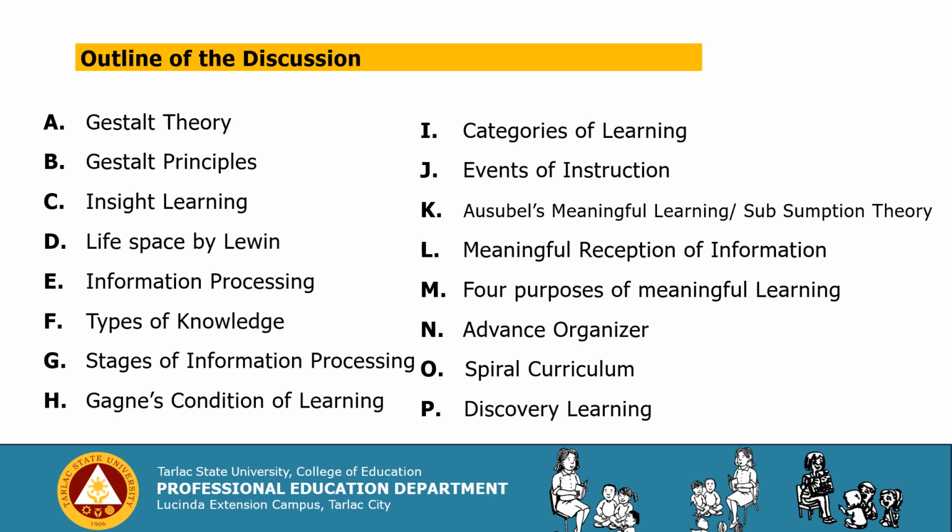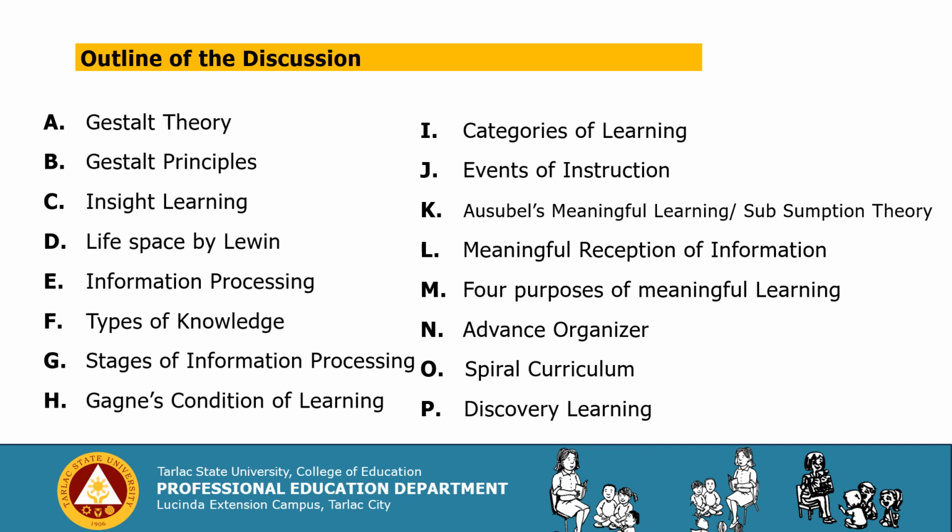Next, insight learning, which looks at how sudden realizations or aha moments contribute to problem solving. Lewin's life space theory, which examines how our environment and relationships shape our learning experiences. Information processing, which explains the stages of how we take in, store, and retrieve information.